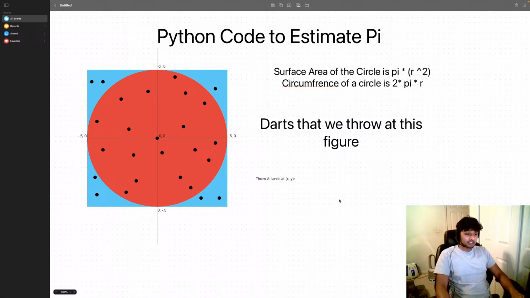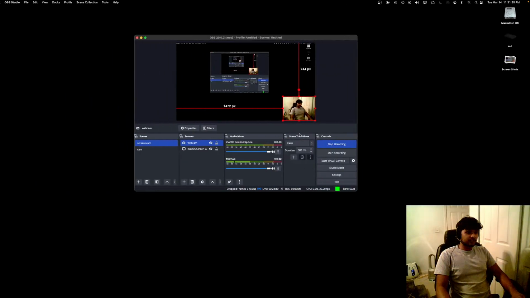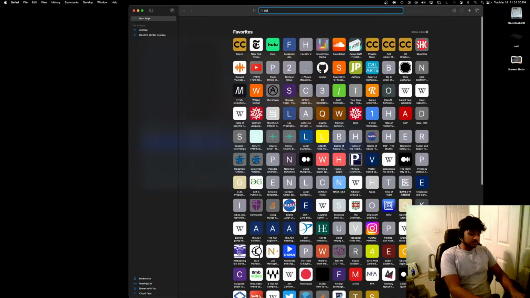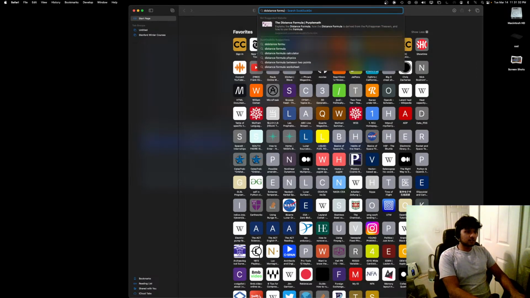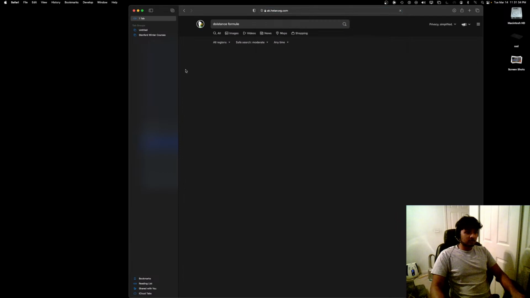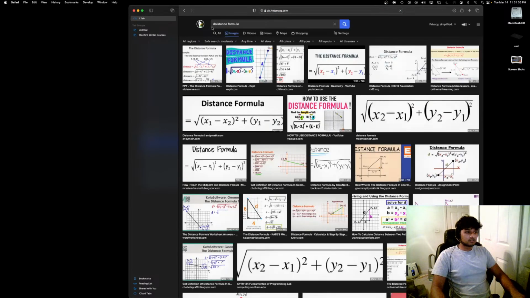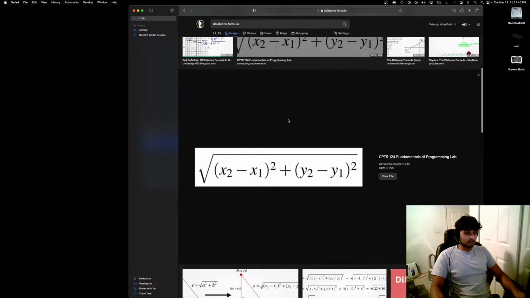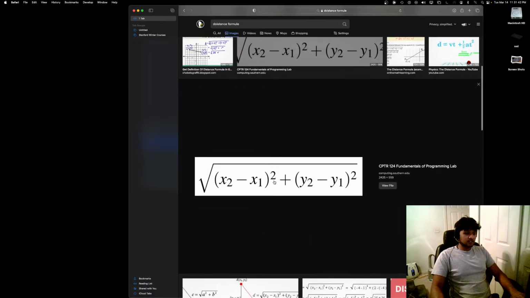Well, one thing we can do with x, y is apply it to the distance formula. What's the distance formula? Let's search up the distance formula. Boom. Distance formula. Hope you guys can see this: square root of x2 minus x1 squared plus y2 minus y1 squared.